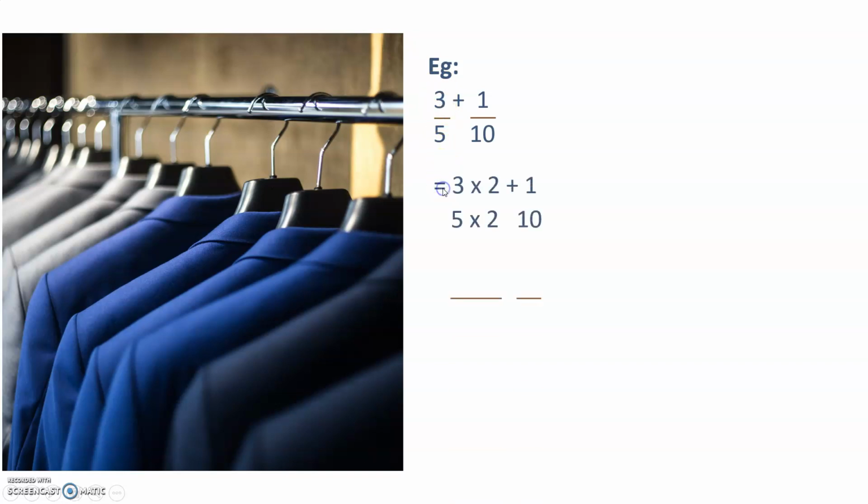So it is 3 into 2 upon 5 into 2 plus 1 upon 10, which gives you 2 3s are 6 plus 1 upon 5 into 2 gives you 10, upon 10. So 6 plus 1 upon 10, which gives you 7 upon 10.